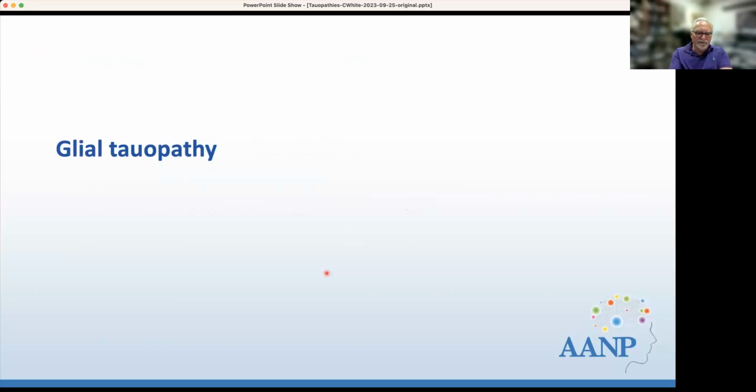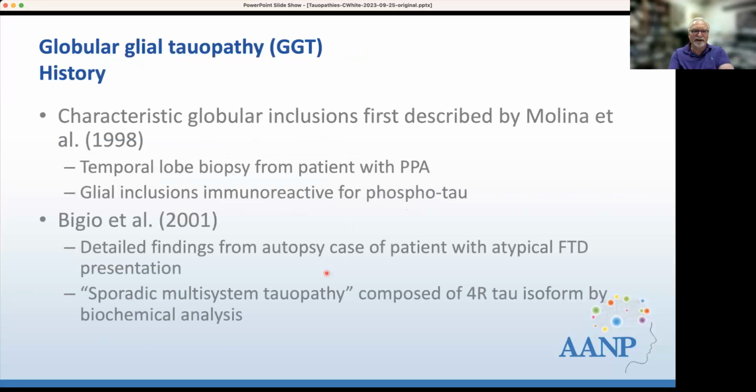Finally, let's move on to one example of a glial tauopathy, and that is so-called globular glial tauopathy. Globular glial tauopathy, or GGT, was first described by Molina et al. in 1998 in a temporal lobe biopsy from a patient with primary progressive aphasia.